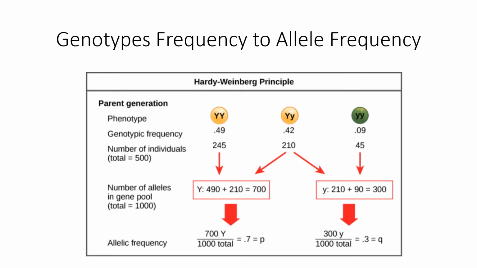What we're then trying to work out is how often in the population the dominant Y allele appears, and how often the recessive Y allele appears. That's what we mean by allele frequency. If we look at the left-hand side equation, in the first red box, we've got 490 plus 210 equals 700.